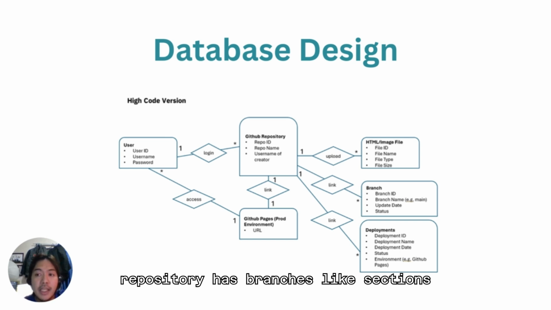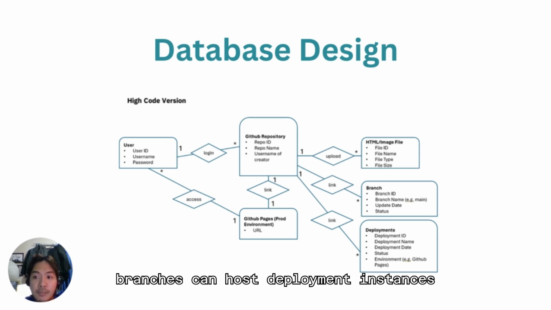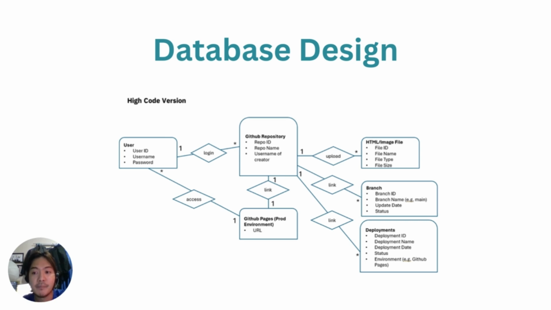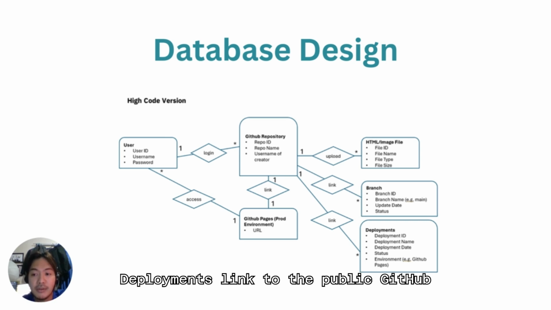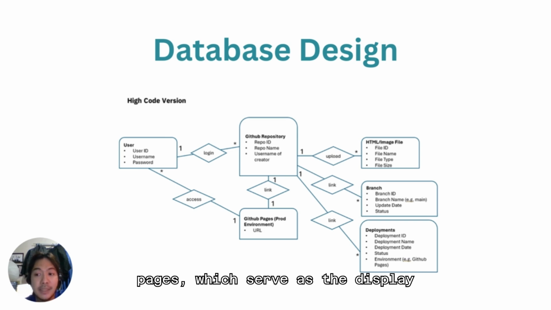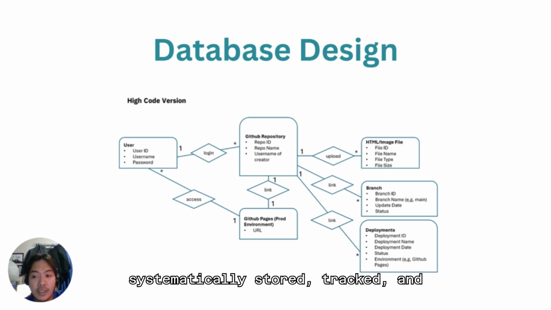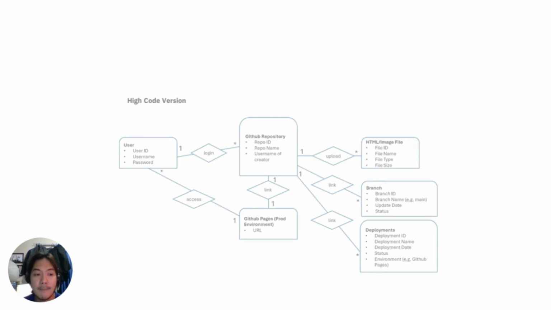Each repository has branches, like sections to manage different versions, and these branches can host deployment instances that act like events or showcases. Deployments link to the public GitHub Pages, which serve as display areas for the content. The design ensures everything is systematically stored, tracked, and easily accessible for efficient management.